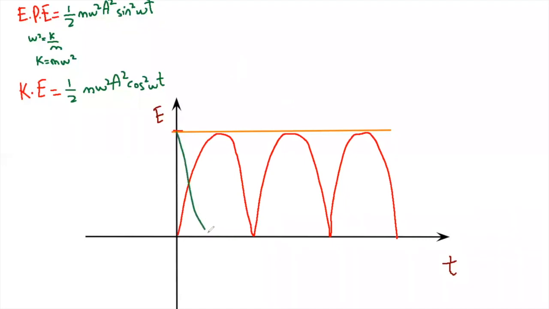Like this. Like this. And like this. It can be a bit confusing, but if you understand, it's not going to be confusing. Okay. Is the green one kinetic energy, or is it the elastic potential energy?